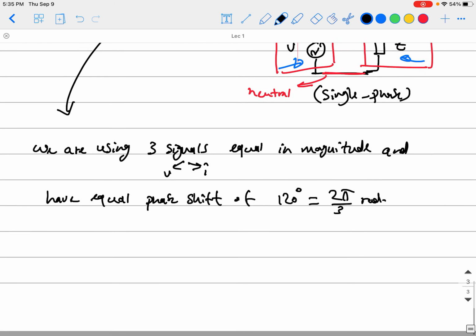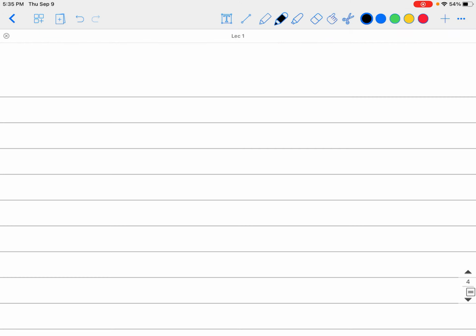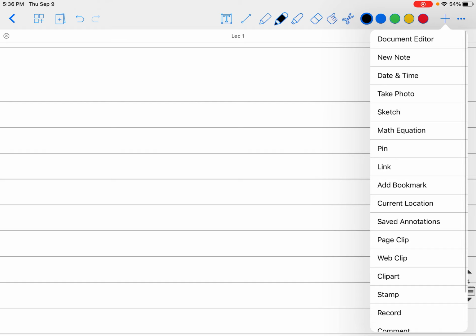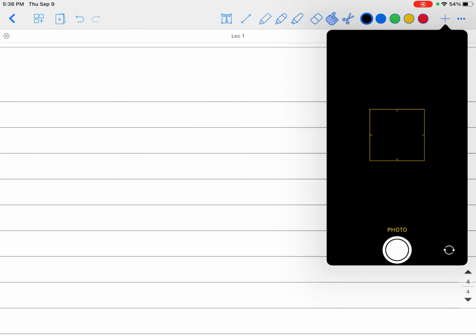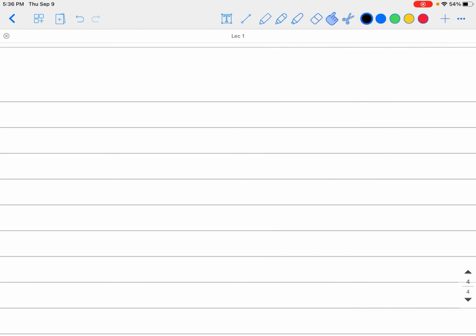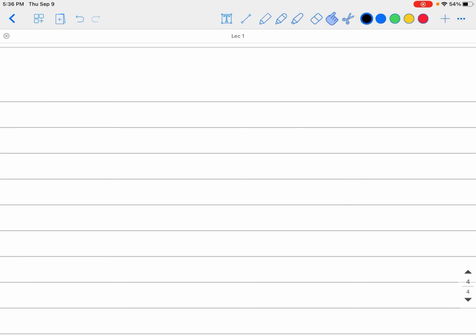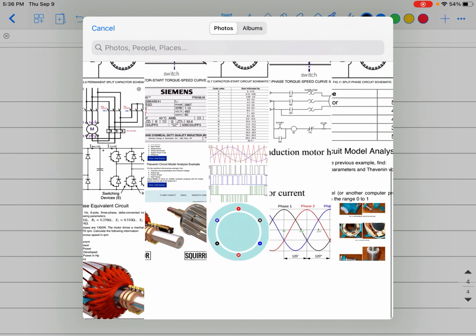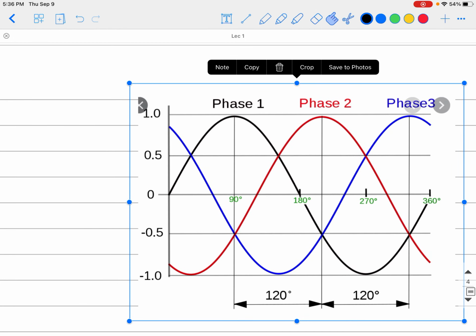Okay guys, how can this be? I can actually draw this, but because we want it to look good, I'm going to have a better picture for you.